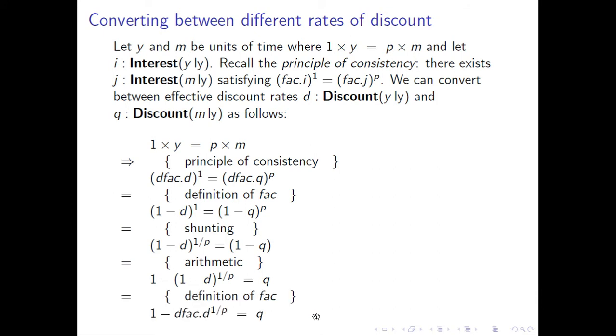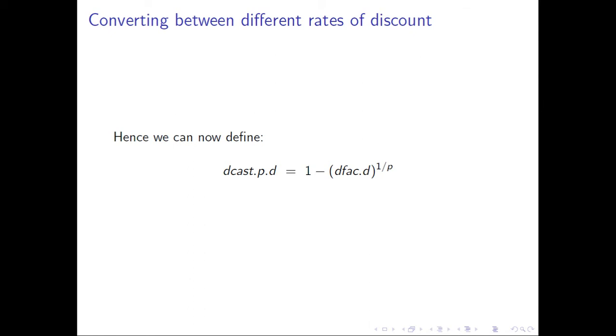And we apply the definition of dfact again, and we get that (1 minus dfact) to the power of 1 over p is equal to q. This allows us to find a function dcast p of d, which is equal to that same expression, 1 minus dfact of d to the power of 1 over p.